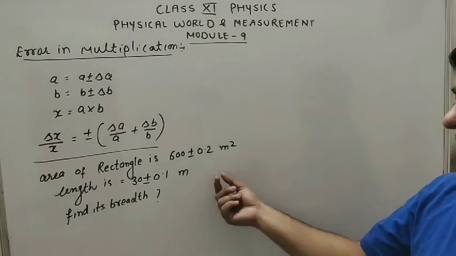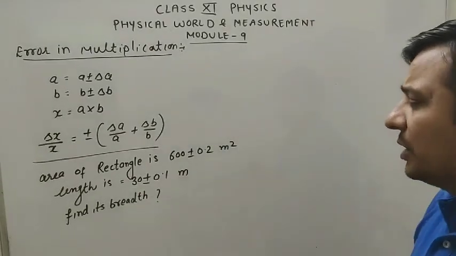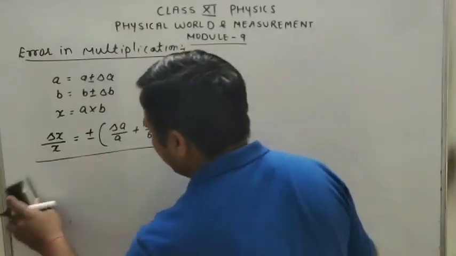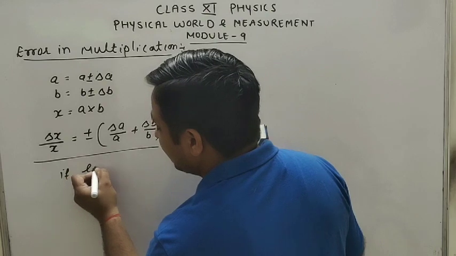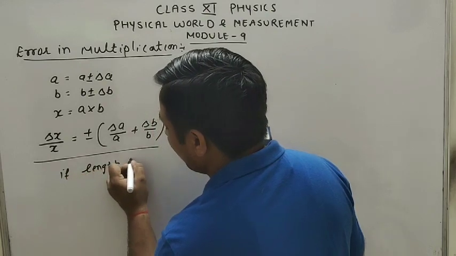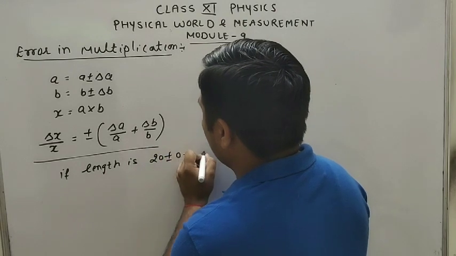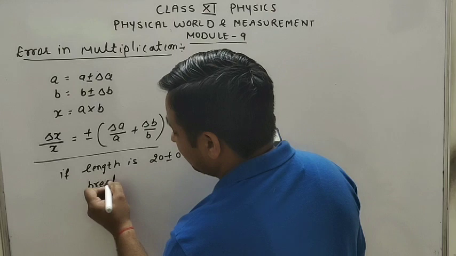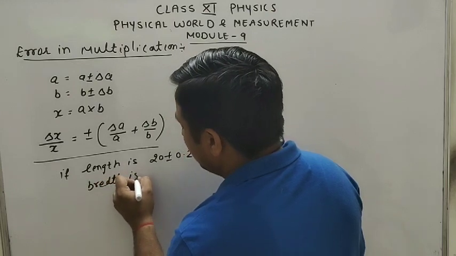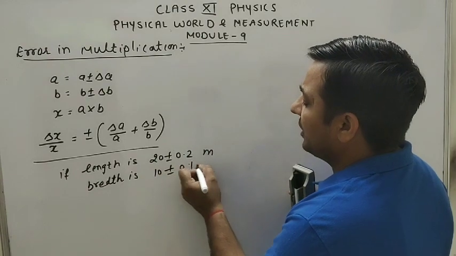So this is for quotient. So I will have to write another question. If length is given by 20 plus minus 0.2 meter, and breadth is 10 plus minus 0.1 meter.